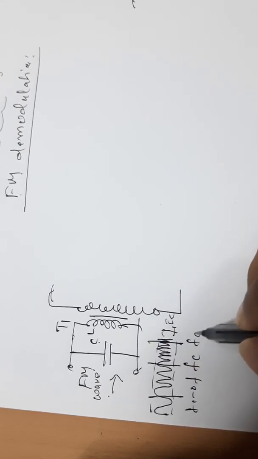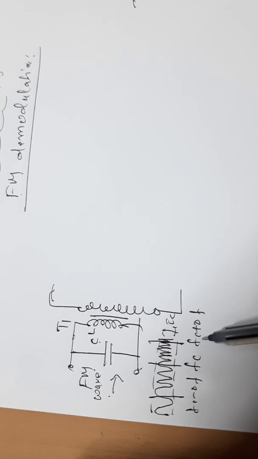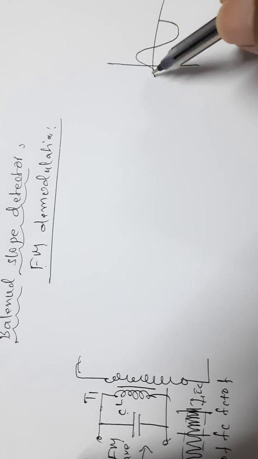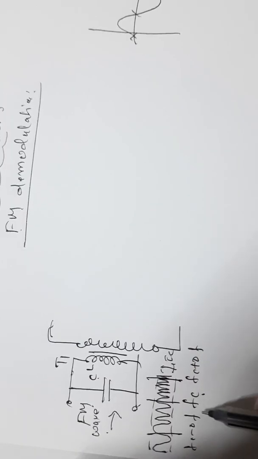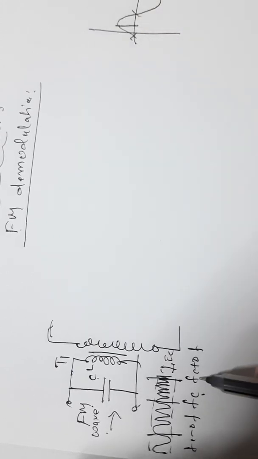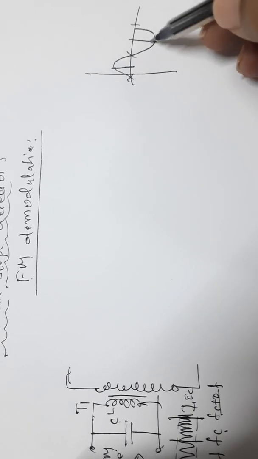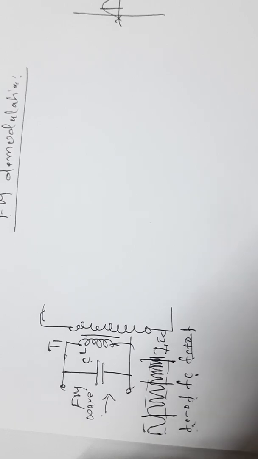This is Fc plus delta F. Therefore, this variation in frequency should be converted into amplitude variations such that you get zero amplitude corresponding to the carrier frequency Fc, maximum amplitude corresponding to frequency Fc plus delta F, and minimum amplitude, that is the negative voltage, corresponding to Fc minus delta F.